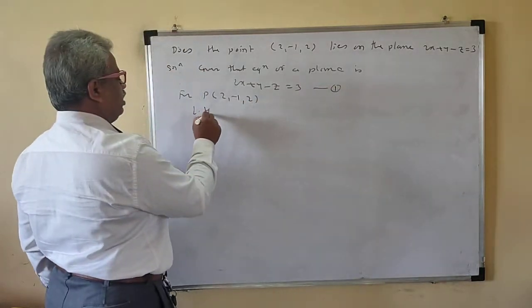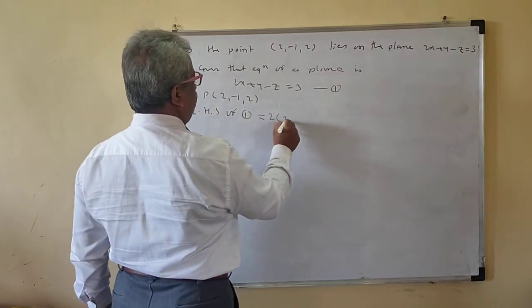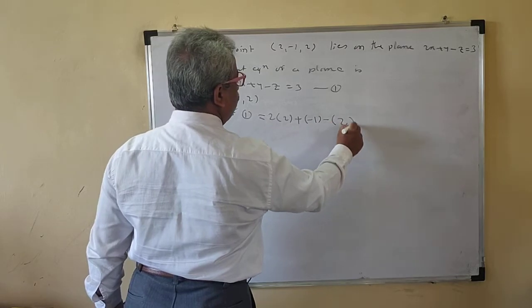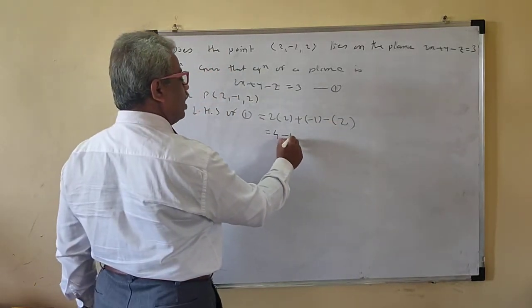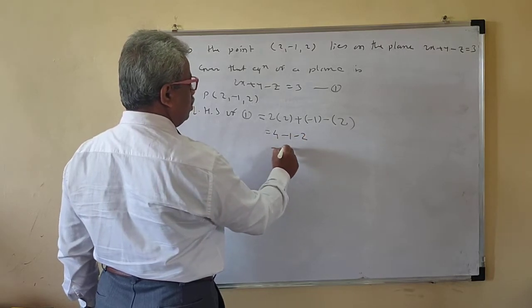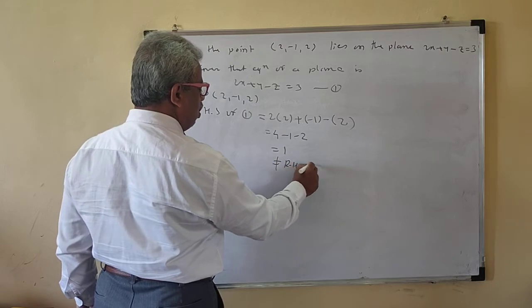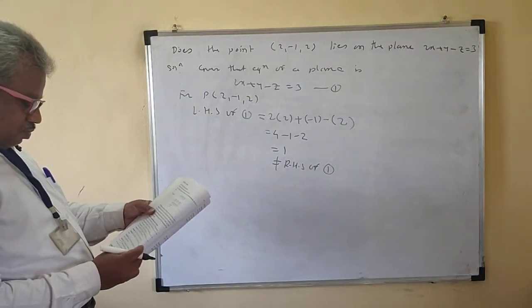LHS of 1 is equal to 2 into 2 plus minus 1 minus 2. So this is equal to 4 minus 1 minus 2, so this is 1. This is not equal to RHS of 1.